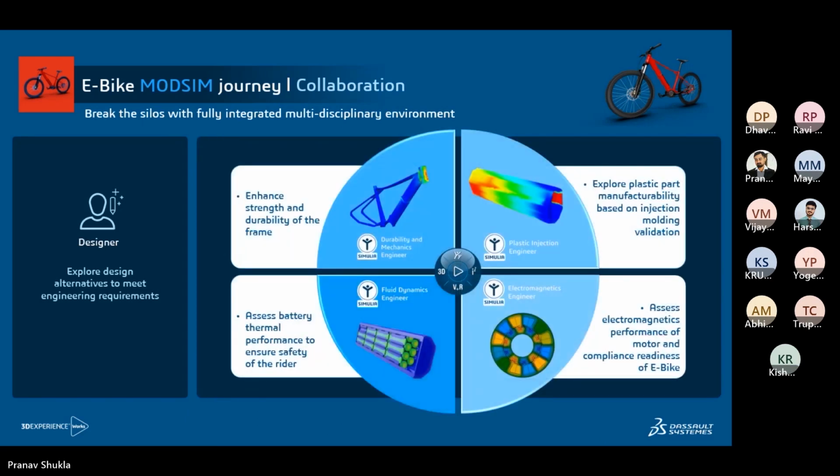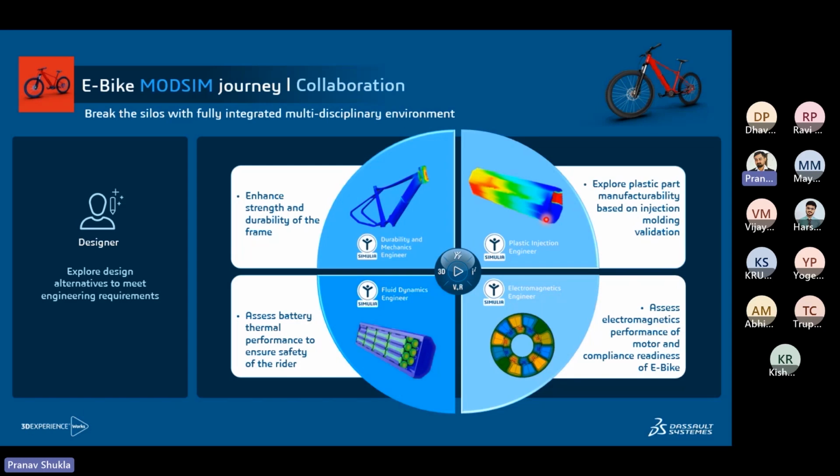Now moving further, these are the four roles on the SIMULIA 3D Experience platform available. These four roles are going to be used for analysis purposes. The durability and mechanics engineer will validate the strength and durability of the frame.